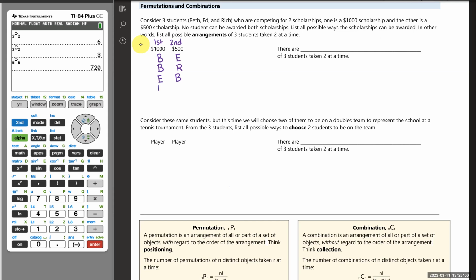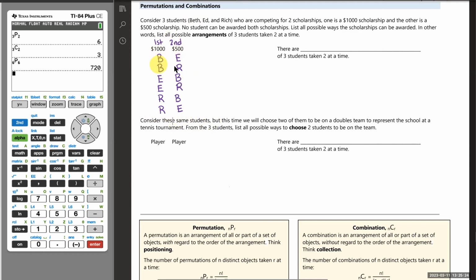And then we could have Ed get the $1,000 and Rich get the 500. Finally, Rich could be first place winner and get $1,000 with Beth getting 500, or Rich could be first place and second place could be Ed getting the 500.